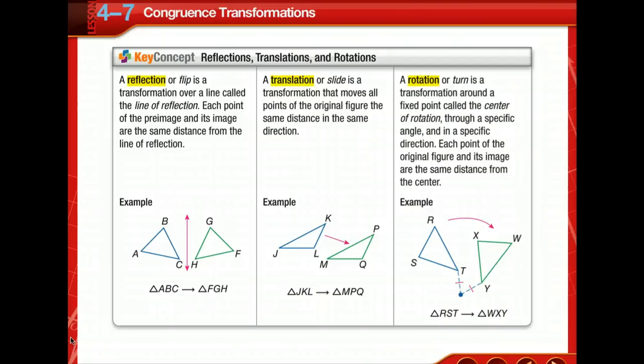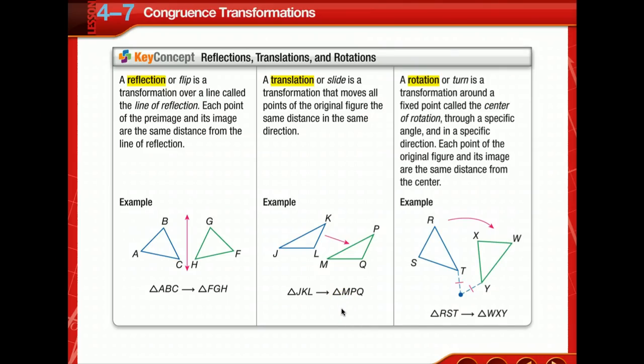Okay, a transformation is an operation that maps an original geometric figure, which is known as the pre-image, onto a new figure called the image. A transformation can change the position, size, or shape of a figure. A transformation can be noted using an arrow. So see these arrows? It's showing what's happening here.